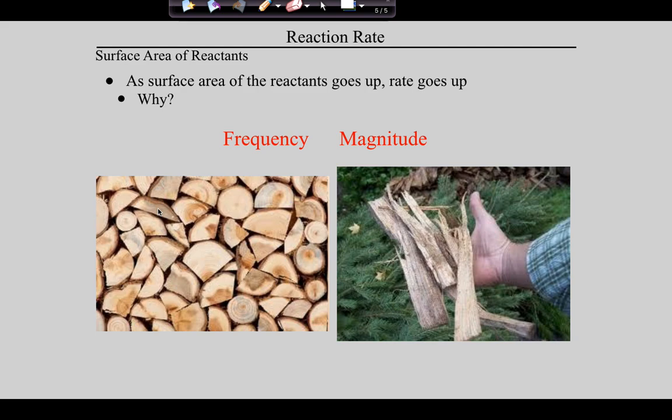But if you split it open, you're creating all these other surfaces where they can collide. Therefore, the oxygen and the wood will collide more frequently, and as a result, you can get it to burn. It doesn't collide harder. You're not speeding anything up. You're just allowing them to collide more frequently, and therefore things combust.